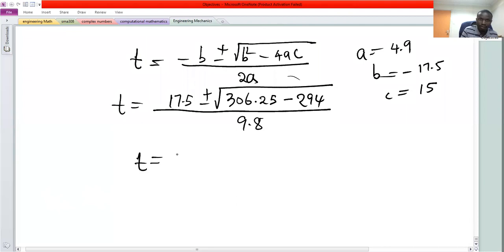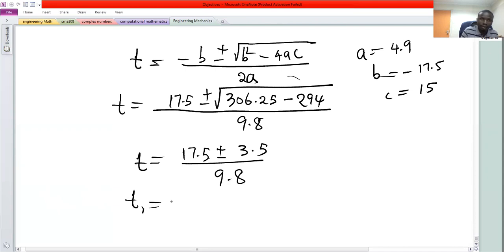So t will be 17.5 plus or minus the square root of 306.25 minus 294, the answer being 3.5, over 9.8.